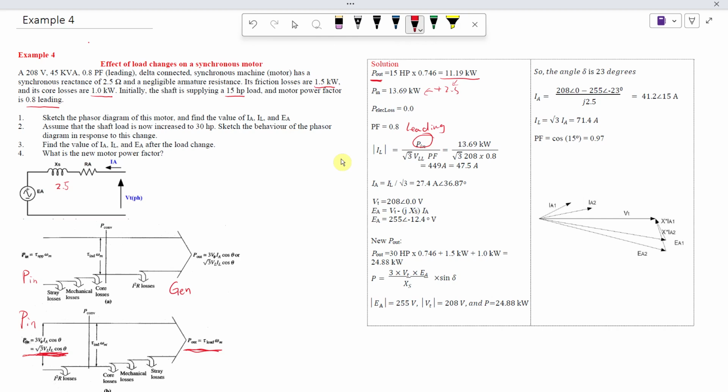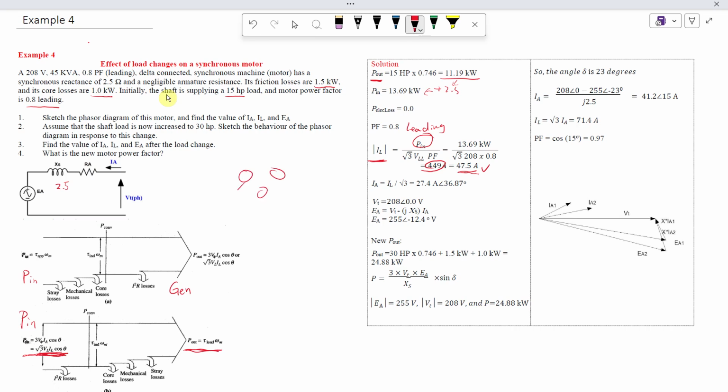If you move everything over, you get that equation. The line-to-line current magnitude is the input power divided by √3 times the line-to-line voltage times the power factor, which is also the phase voltage, the same for a delta connection. Then you get this number for the line current. We did this so many times.